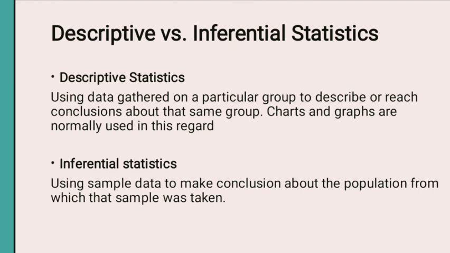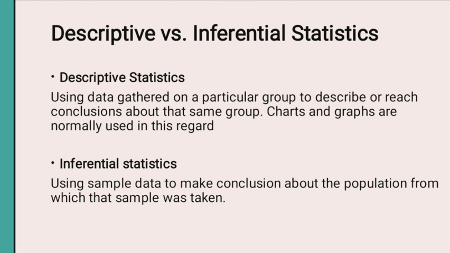We collect information about a particular group, and we use that information to draw conclusions about only that group, not groups outside it. The conclusion we make is just about that group. But unlike that, in inferential statistics we use sample data to make conclusions about the population from which that data was taken.